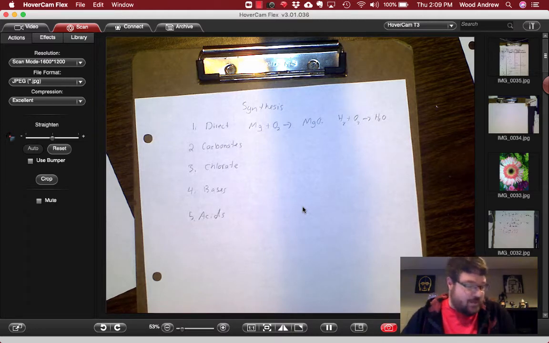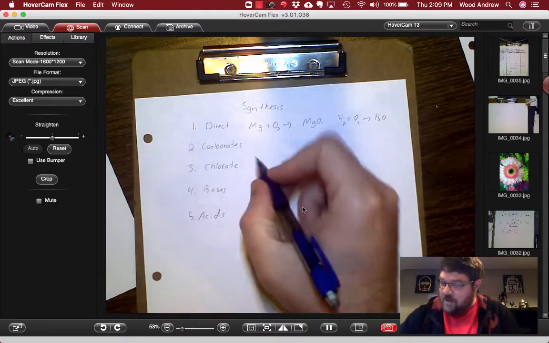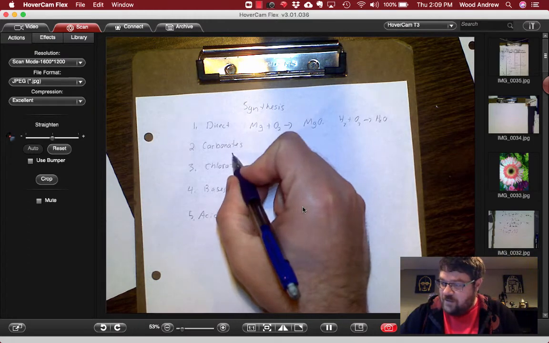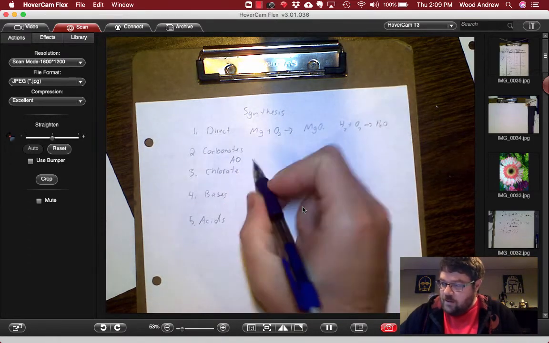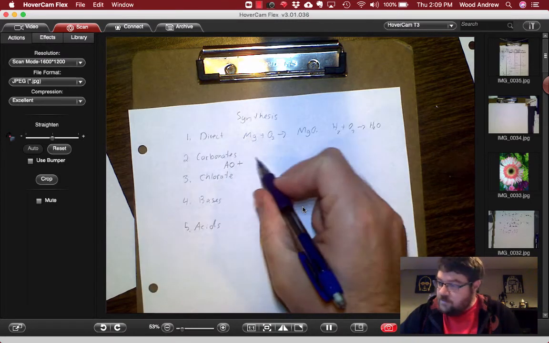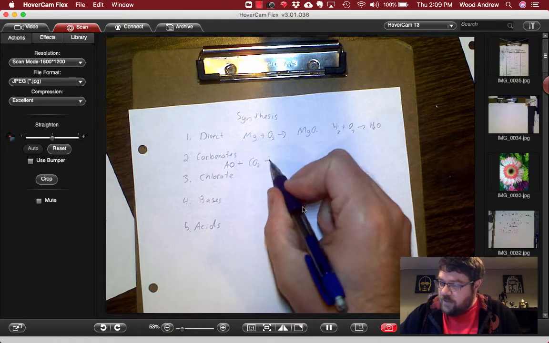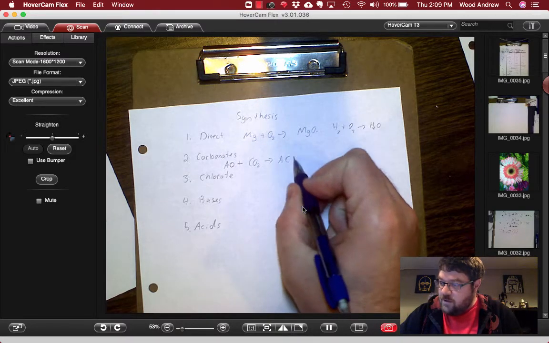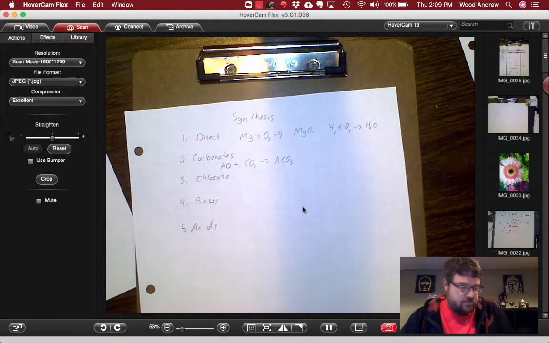So in a carbonate synthesis, we're starting with a metallic oxide, so some metal with oxygen, reacting with carbon dioxide, and that will make some carbonate. And again, I'll go through examples of all these in a little bit.